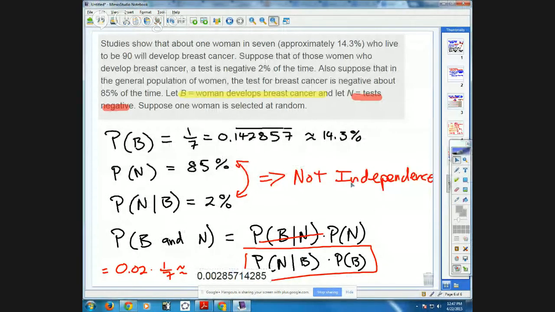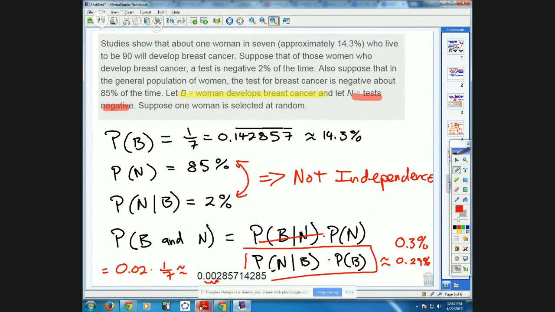If we change that into a percentage, we shift the decimal point two places. If I stated it to the nearest 1/10 of a percent, it would be 0.3%. If you wanted to take it farther, you could call it 0.29%, and you could keep going like that all day.